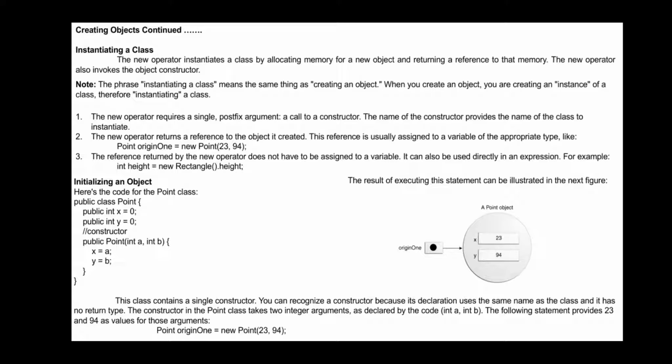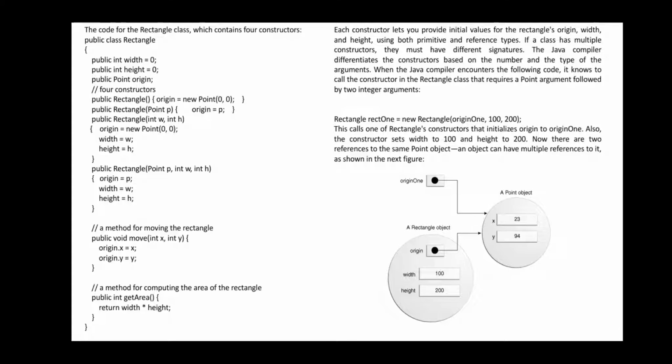The constructor in the Point class takes two integer arguments as declared by the code, int a, int b. Depending upon you, how many variables you are going to pass, one or two or three at most. The following statement provides 23 and 94 as values for those arguments. So this is how you are going to execute the simple example here.